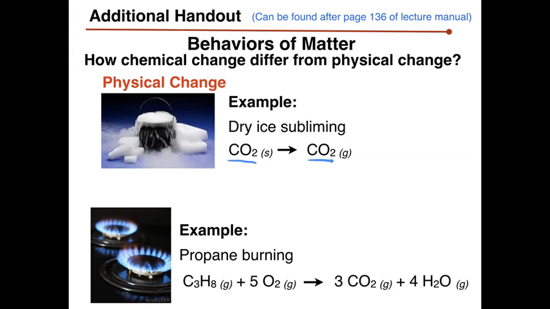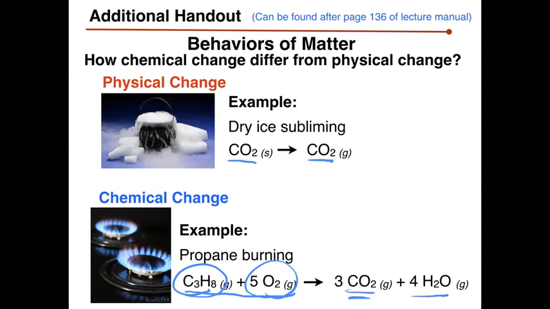However, if you burn something or react something, that would be considered a chemical change because you have changed the identity of the substances, right? Before you have propane and oxygen, but when they react together, it becomes something else, right? It produces carbon dioxide and water and also energy. So these would be considered chemical changes because you change the composition completely. They become new substances.